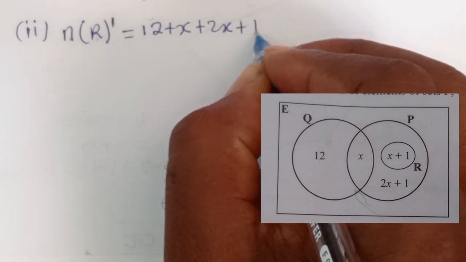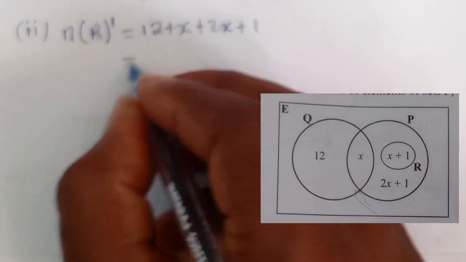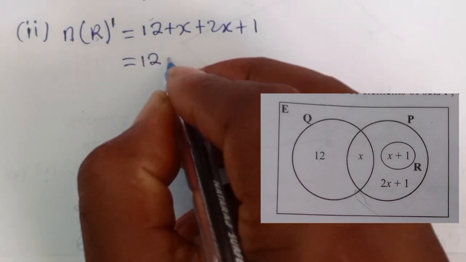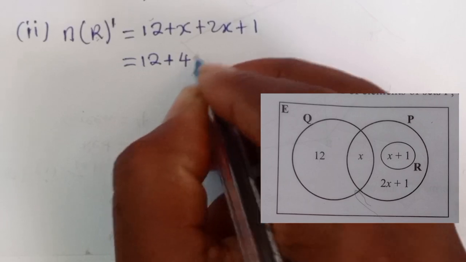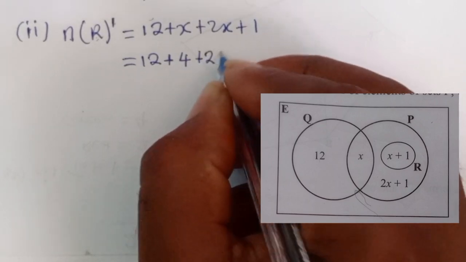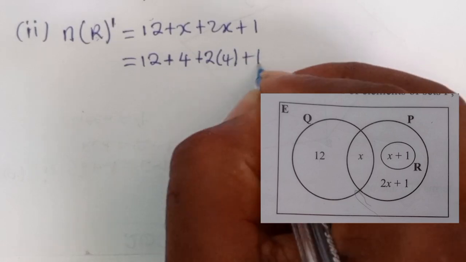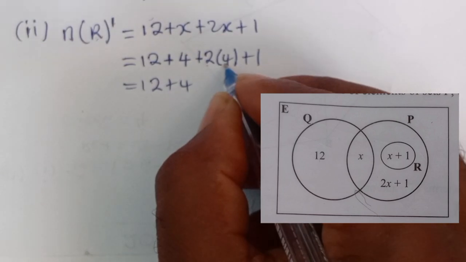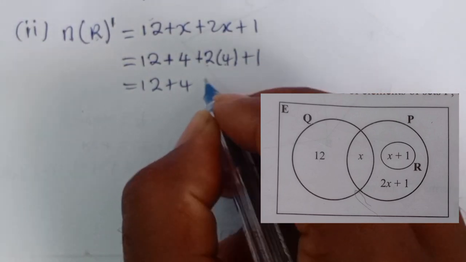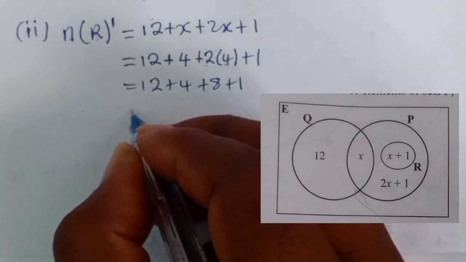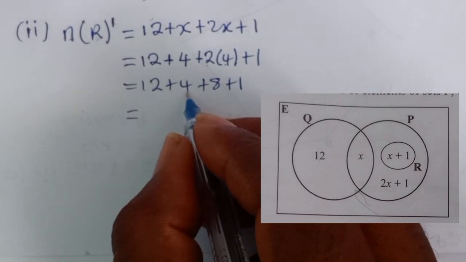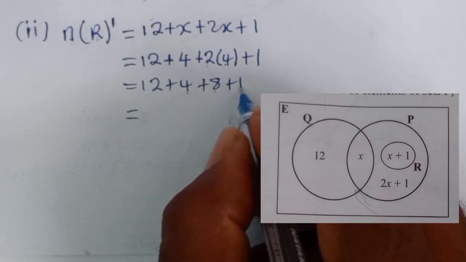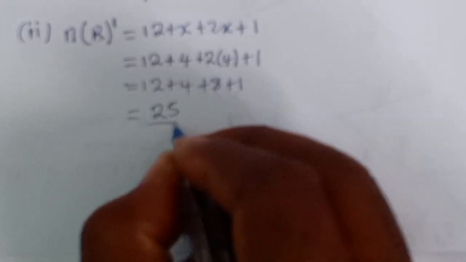So these elements are not in R. Remember that we have the value for X. The value for X is 4, so where there is X, we substitute 4. 12 plus 4, 2 times 4 that is 8, plus 1. So 12 plus 4 is 16. 16 plus 8 is 24. 24 plus 1, we have 25.